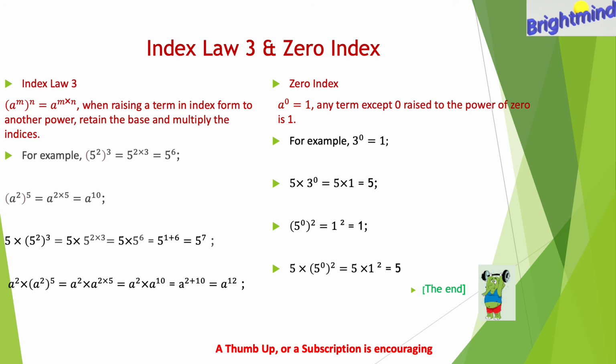Here, we do the same thing as in the examples before. We use index law 3 to calculate the raised power so that we get 1. And then we do the multiplication. 1 multiplied by 5 will give you 5.